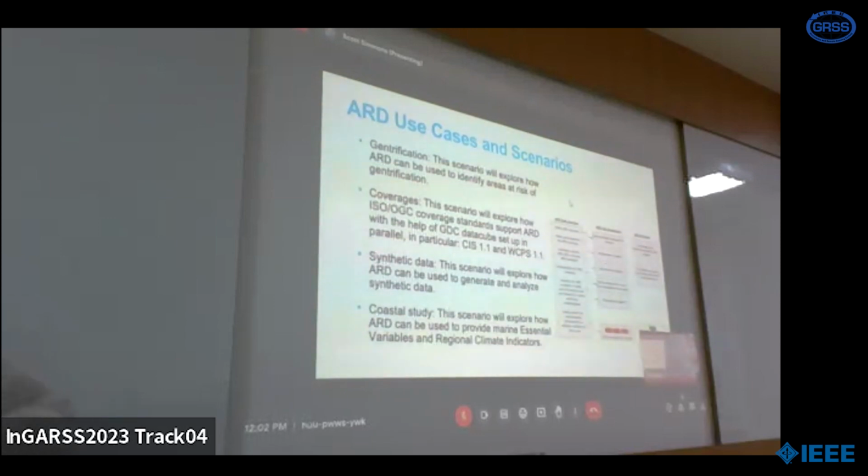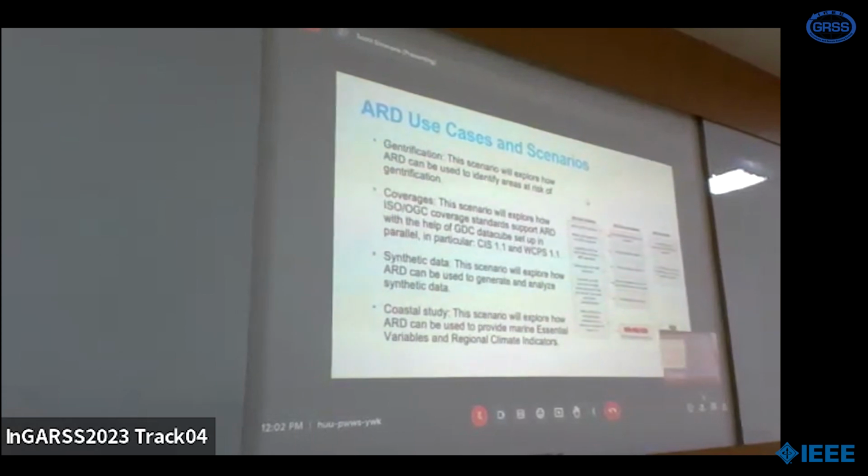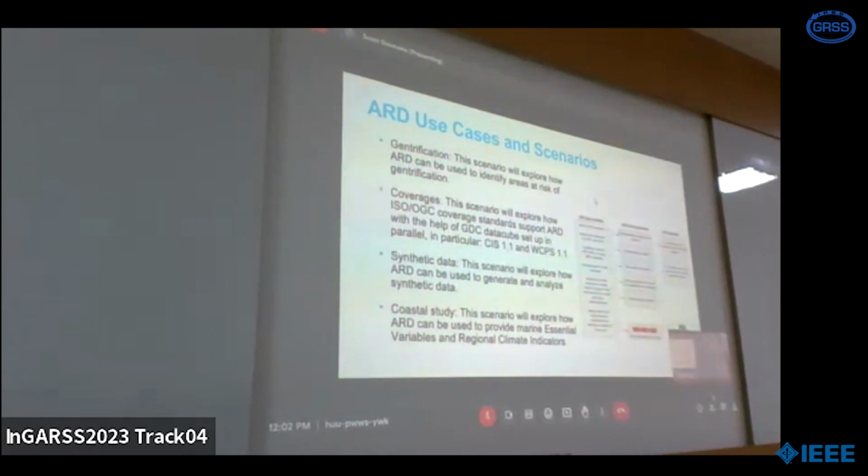So if we're looking at health in particular, look at gentrification. We need to address a population. This has become incredibly important in Japan.